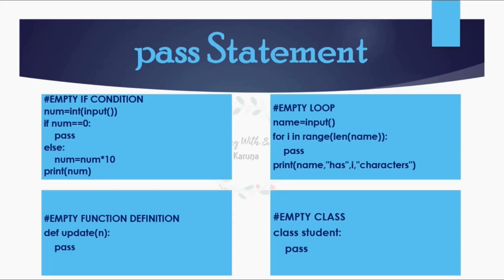Any function implementation or any code implementation that you do not want to include in your program can be left empty with the pass statement, and you can implement that in the future. So in order to include a proper syntax of the programming language, we can have this pass statement to avoid compilation errors.